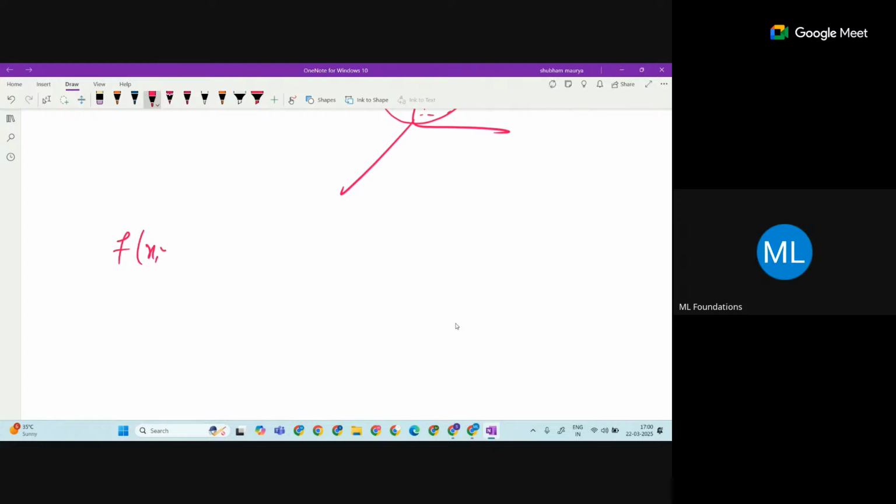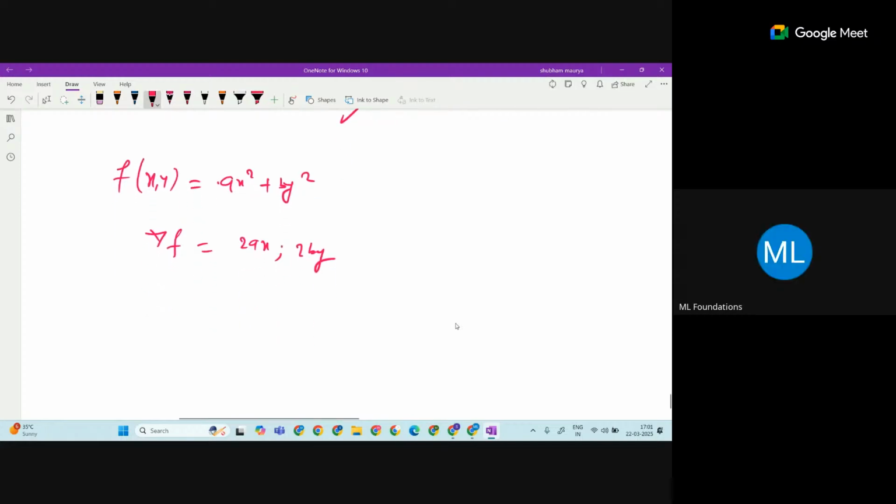and if it is ax square plus by square, then the gradient is going to be 2ax, 2by. And if you form the Hessian here, the double derivative, sorry, we don't want this.